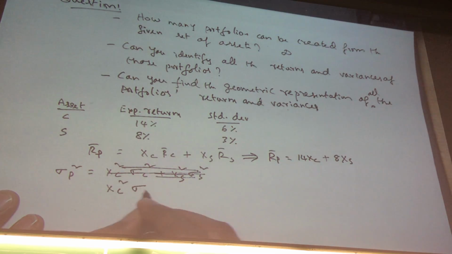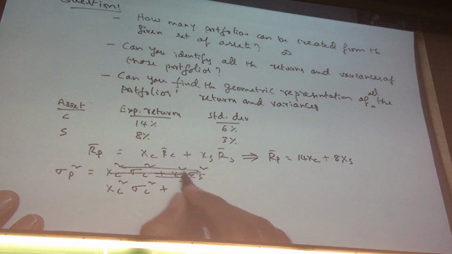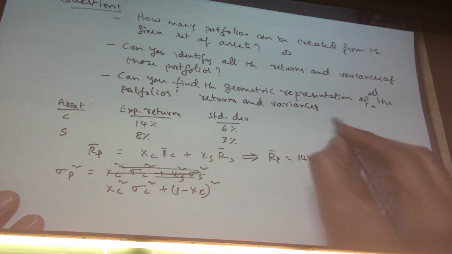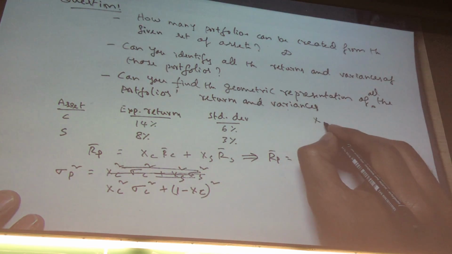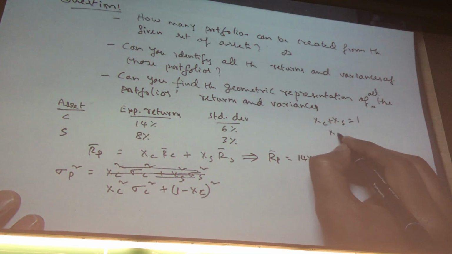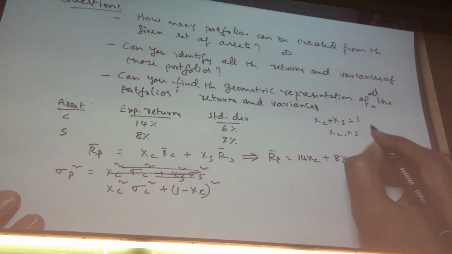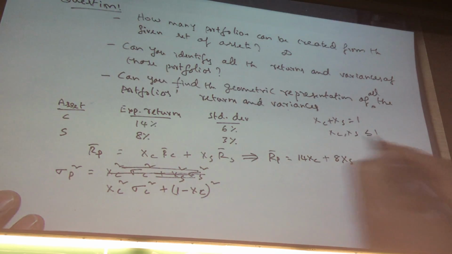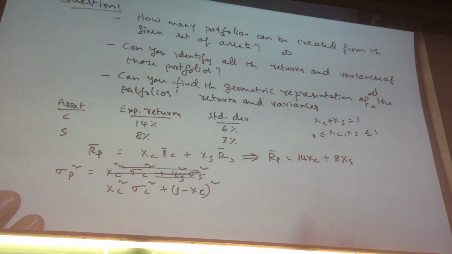XS can be written as 1 minus XC, because my assumption is XC plus XS equals 1, and both XC and XS are less than or equal to 1 and greater than or equal to 0.